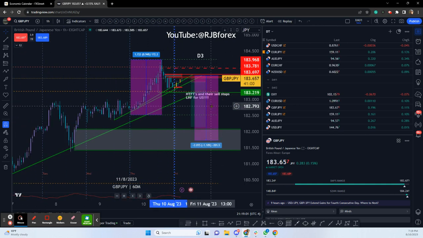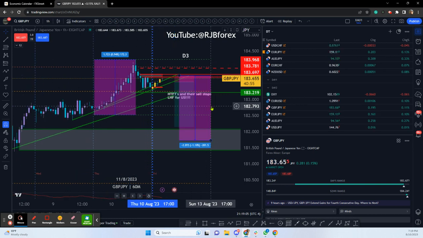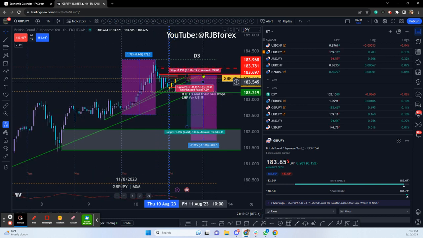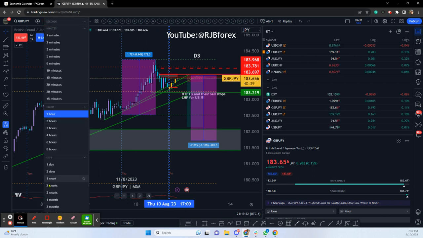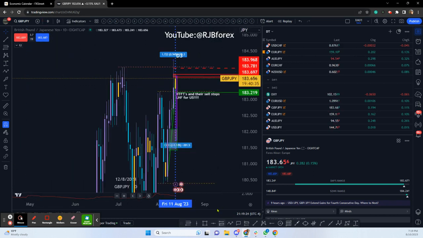The daily average true range is around about, what is that? Pips. Bear with me. Around about, if I can pull it up, 200 pips. So we can go to the daily chart and look at that. It's around about 160 pips.